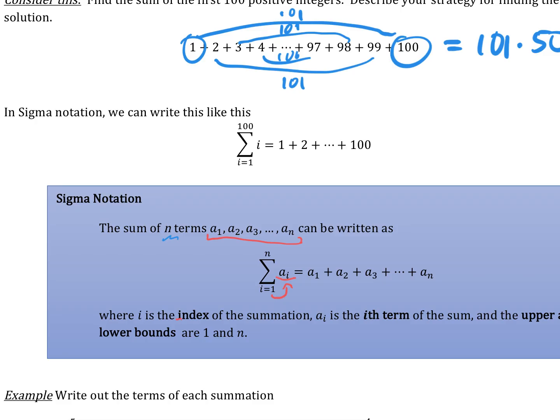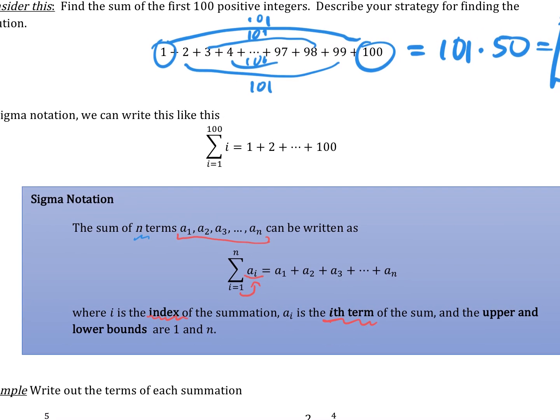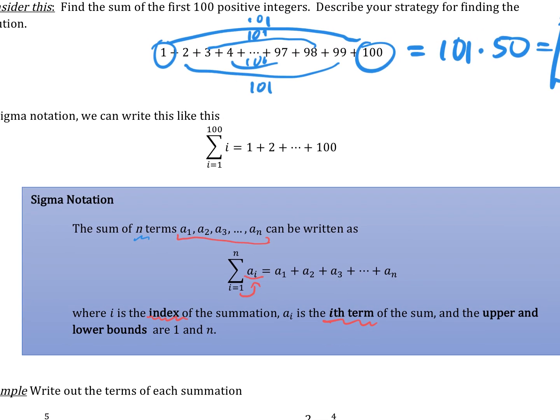So i here is called the index of the summation. And these a sub i's, a1, a2, a3, are called the ith term. The upper and lower bounds are these numbers, 1 and n. It's where we start and where we end.